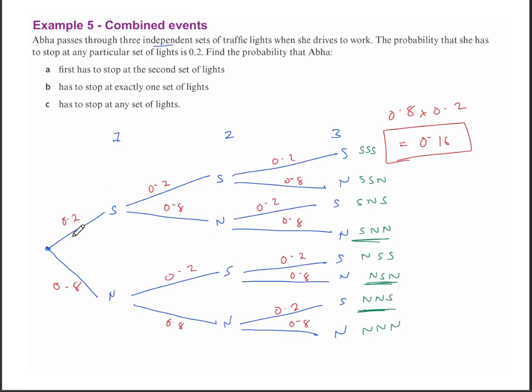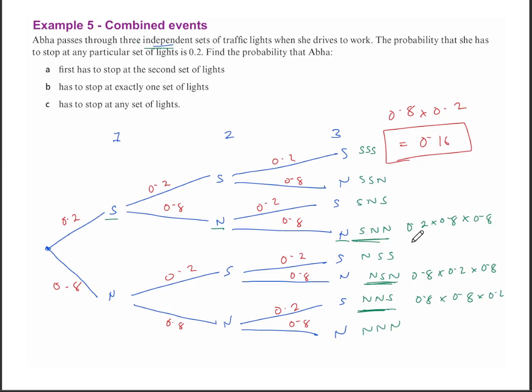So S and N has 0.2 times 0.8 times 0.8. Same thing here, we have 0.8 times 0.2 times 0.8. And same thing here, we have 0.8 times 0.8 times 0.2. The reason they are the same is because they are independent events.